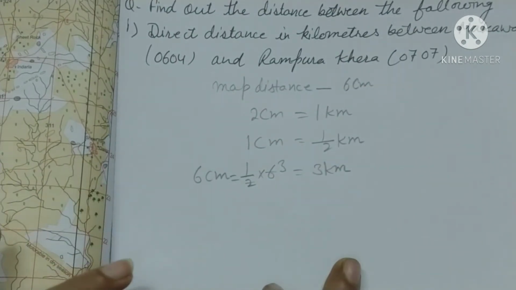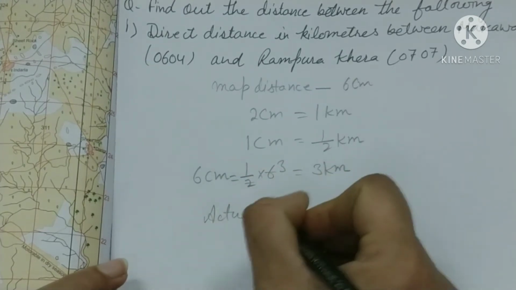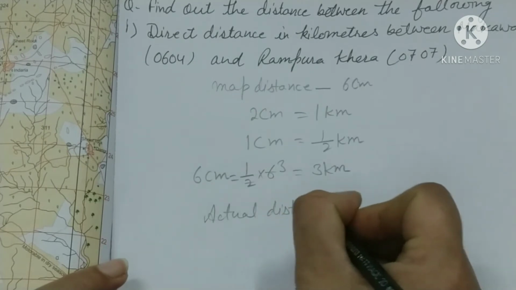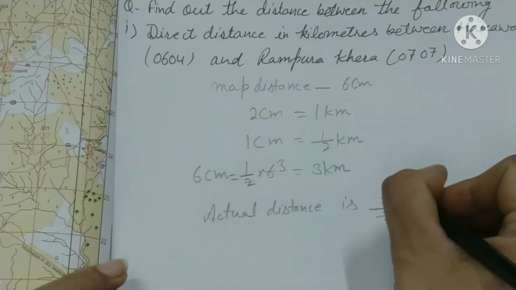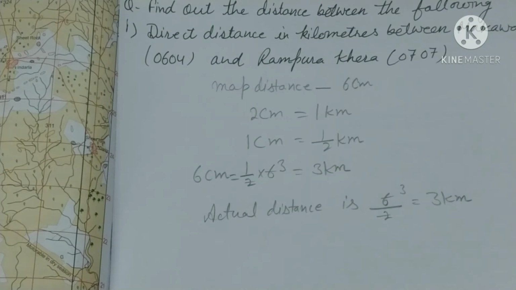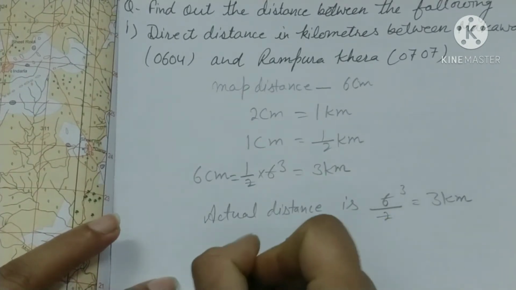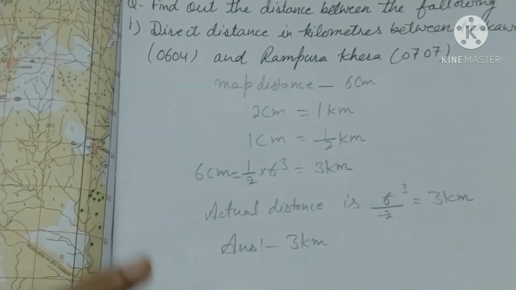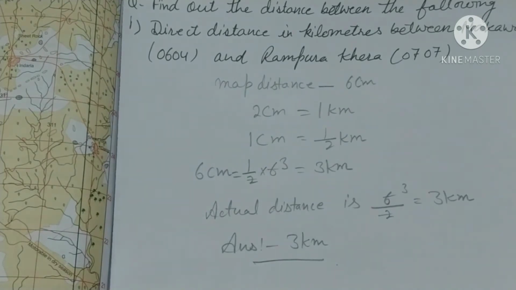In the simple way, the actual distance is 6 divided by 2, and the answer is 3 kilometer. So the distance between Makawal and Rampura Khera is 3 kilometer. Clear? In a very simple way, we just divide the value by 2. That will be the answer for the distance between two places.